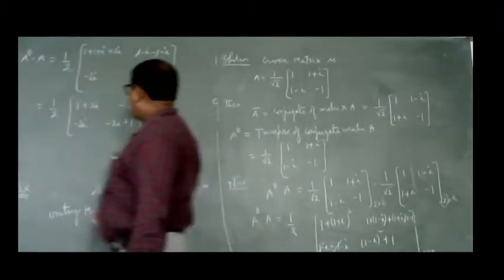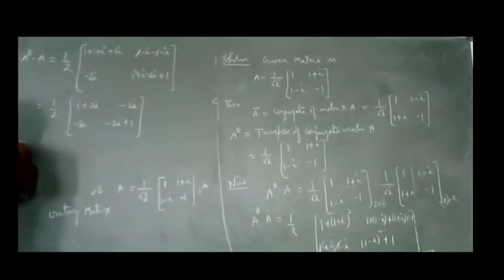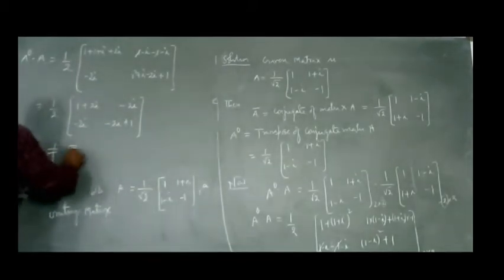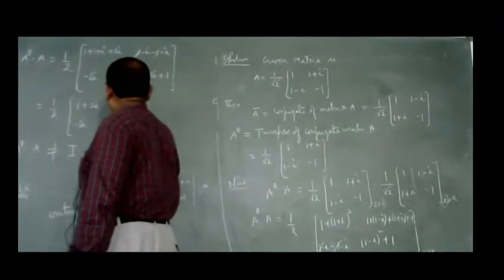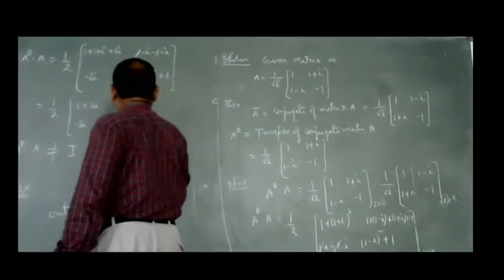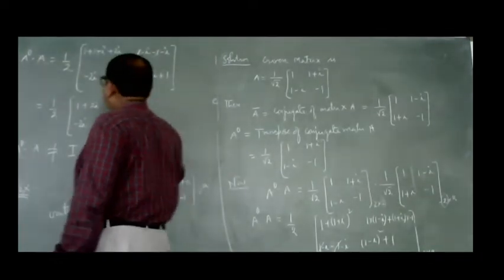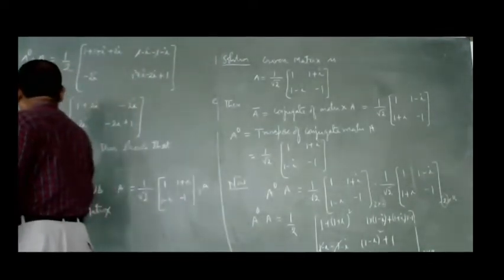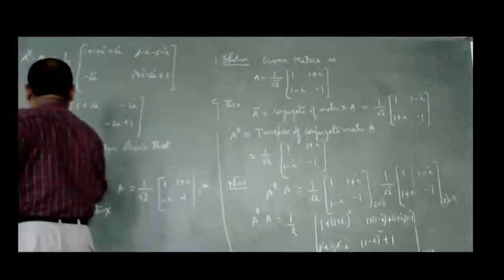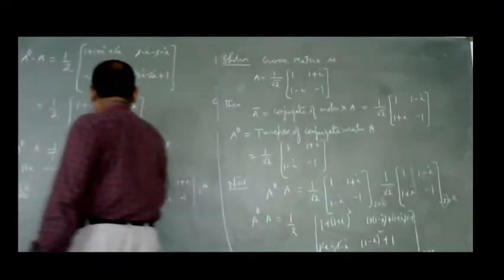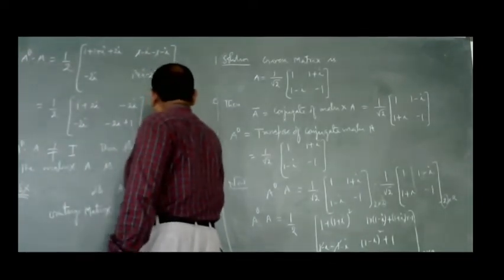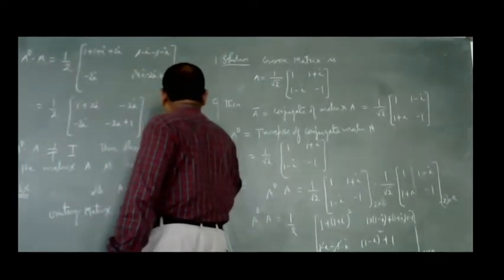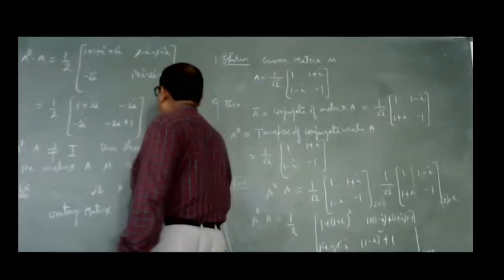And so we see that A^θ into A is not equal to I. It is not the identity matrix. In this case, it shows that the matrix A is not a unitary matrix.